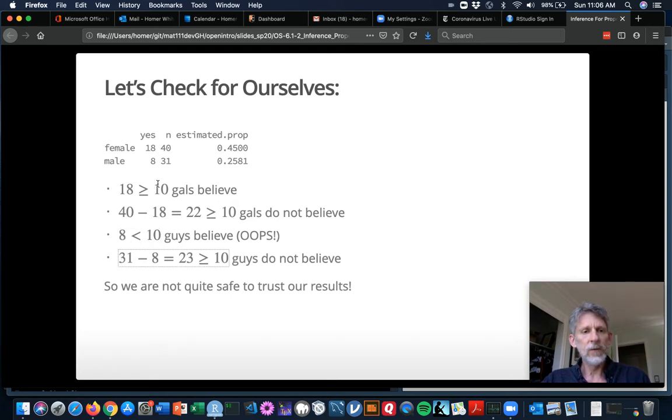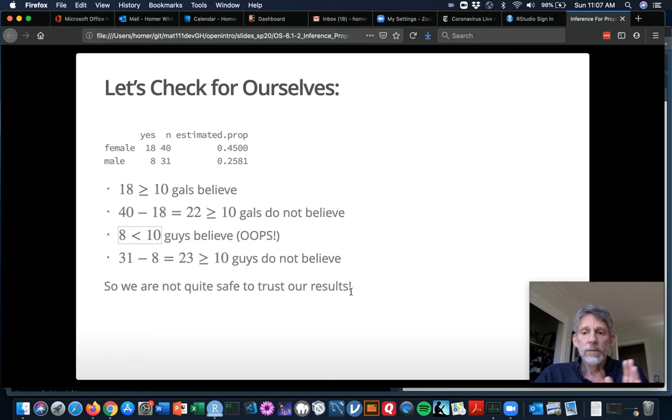Now there's 31 minus 8 males that said no, that's bigger than or equal to 10, that's no problem. So it's really down to just that one of the 4 available numbers in the success-failure conditions for the 2 binomial random variables that's less than 10. It's not a lot less than 10, and some of the others were a lot bigger than 10. So we're not quite safe to trust our results according to the success-failure condition.